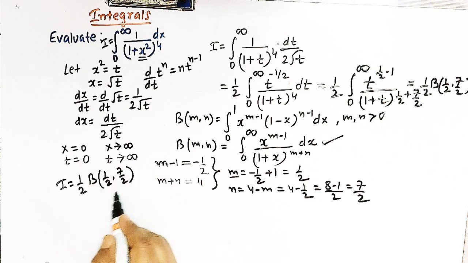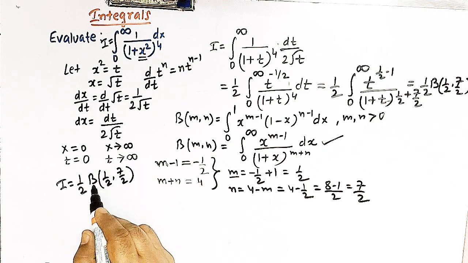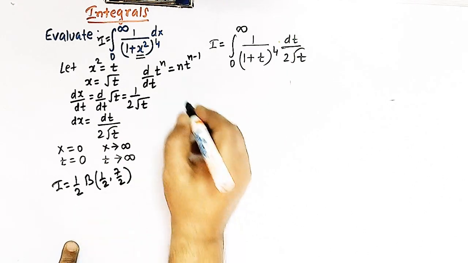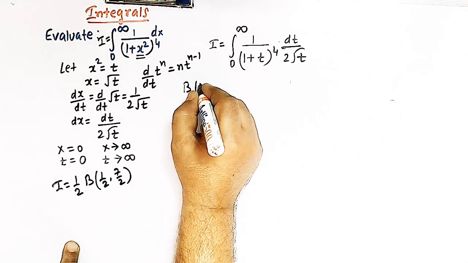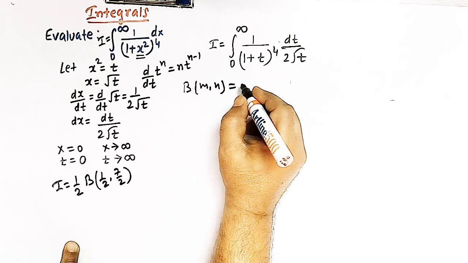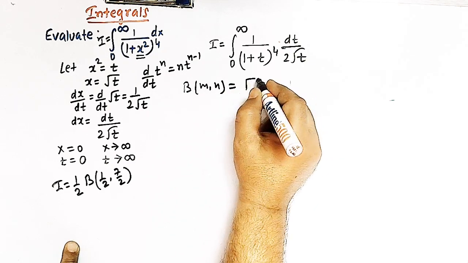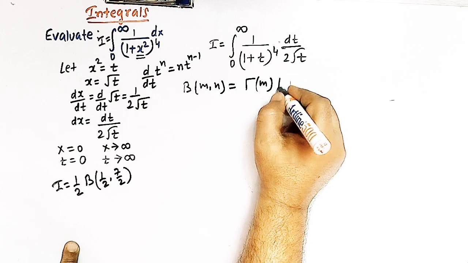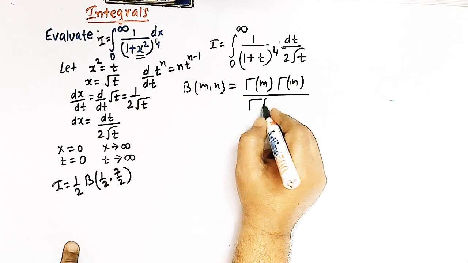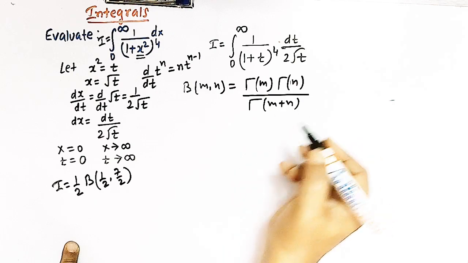So now we have to find out the value of this beta function using the relationship between beta function and gamma function. Beta function and gamma function are related by this expression: gamma m times gamma n divided by gamma of m plus n, right?